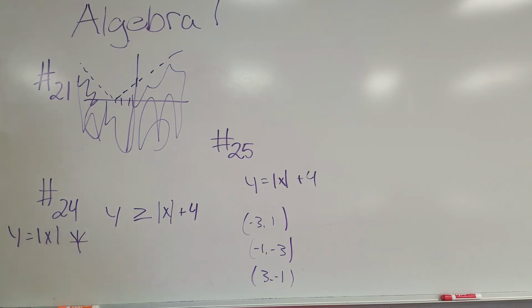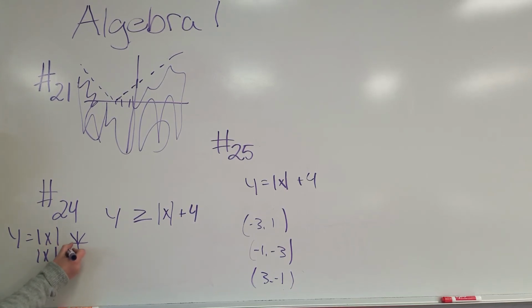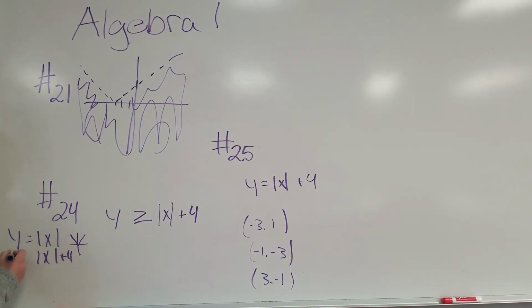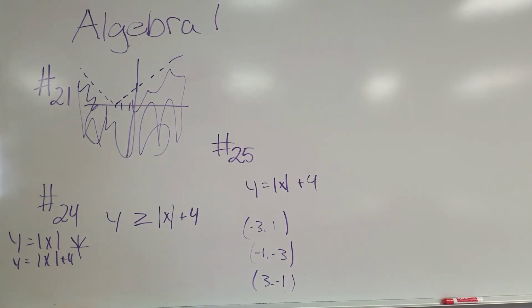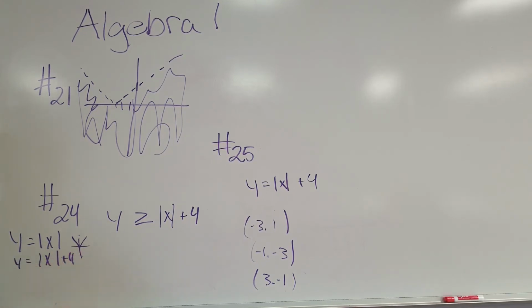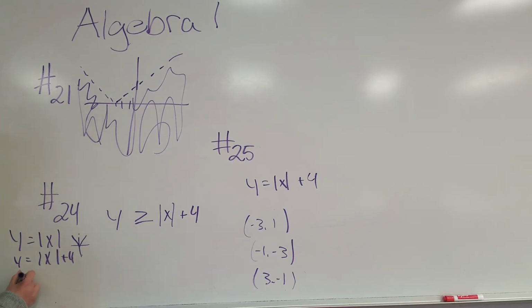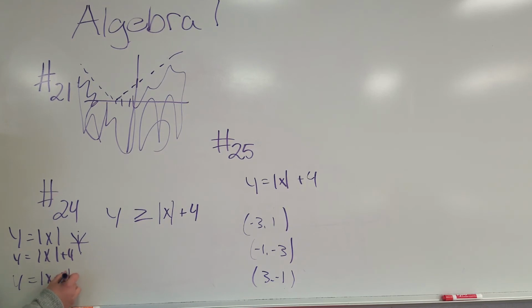And then we learned about translation. So if there's a number added outside of the absolute value, or subtracted outside, that tells you whether it goes up or down. So in this case, plus would move the vertex up 4. If it's minus, it would move the vertex down 4. And then if it's inside absolute values like this, it moves it left or right.